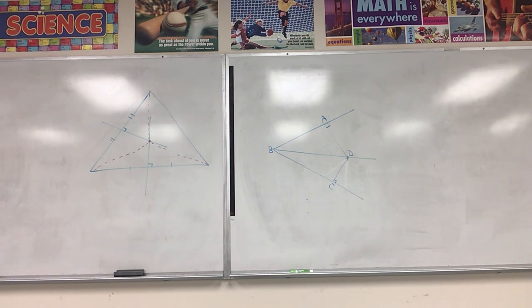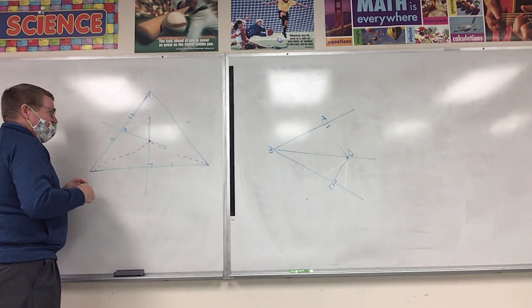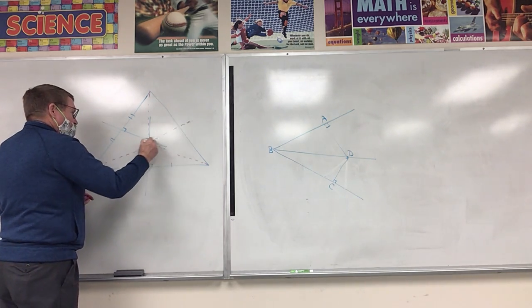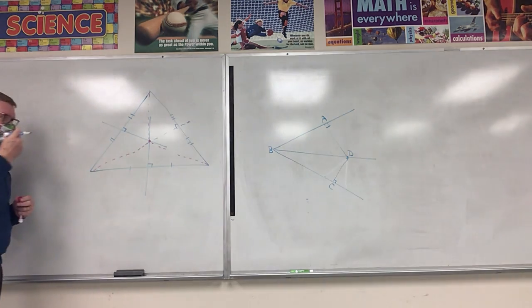No, that's not the one I'm looking for. The point of concurrency. All right, a concurrent point is a point where two or more lines intersect. And again, if I draw the third perpendicular bisector, it would be there as well.